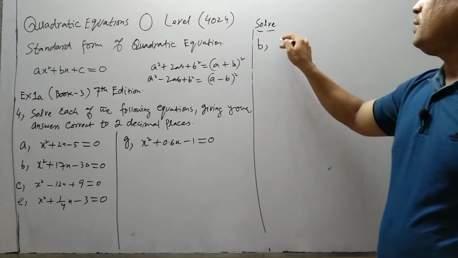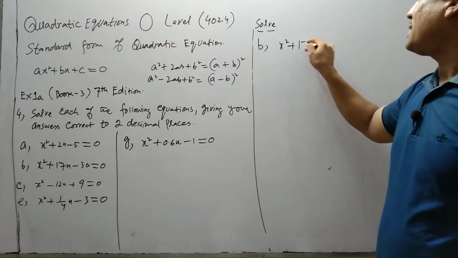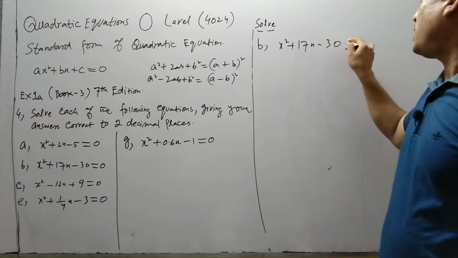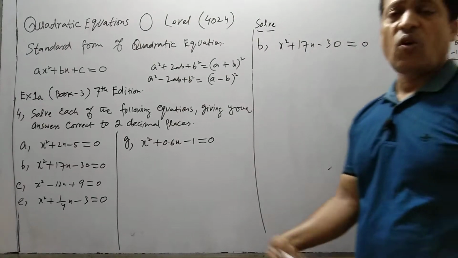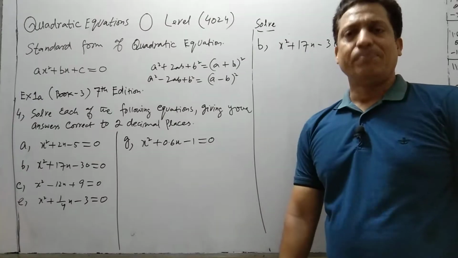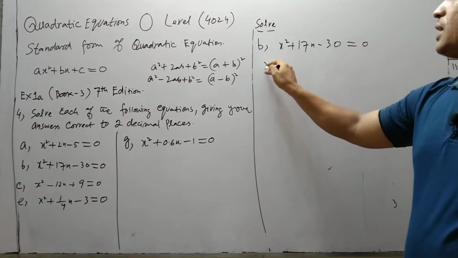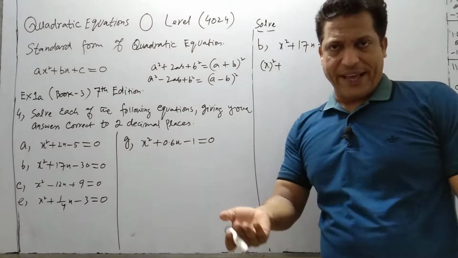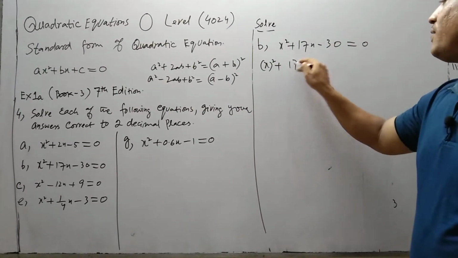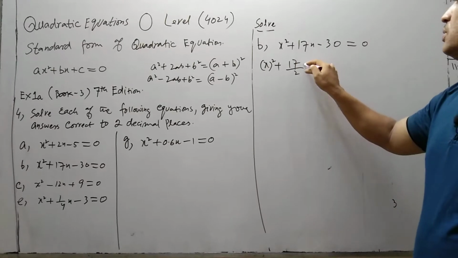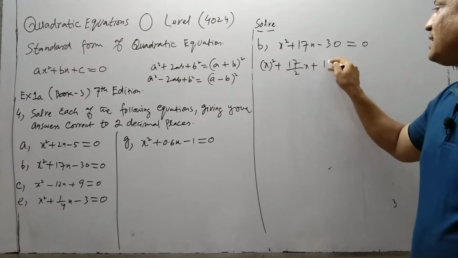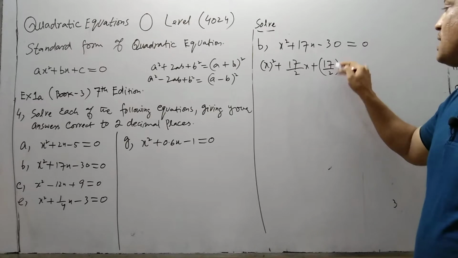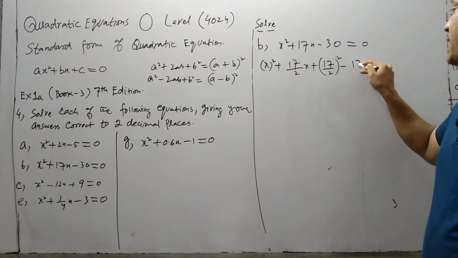See part B. x square plus 17x minus 30 is equal to 0. What is the method? The method is: write x square the same, divide the coefficient of x by 2, 17 upon 2, and write 17 upon 2 with plus square and with minus square.